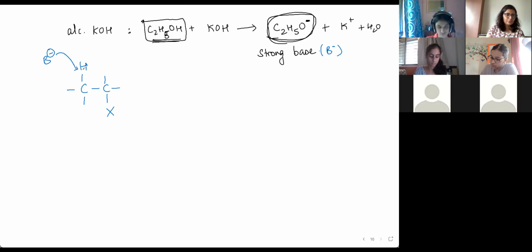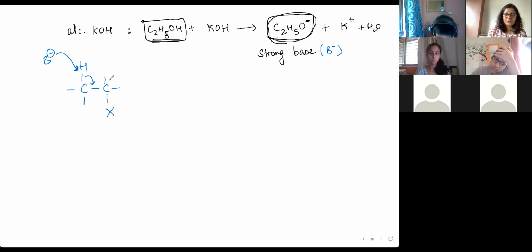So it wants to accept H plus without the electrons. So this hydrogen is going to give up its electrons, and that will be taken up by the carbon. So this carbon is going to be like, okay, too many electrons.